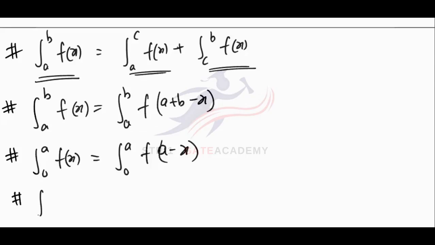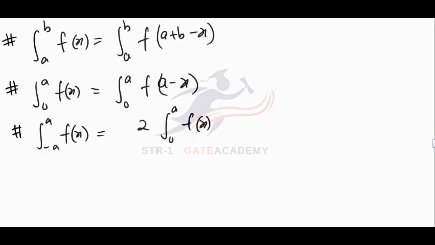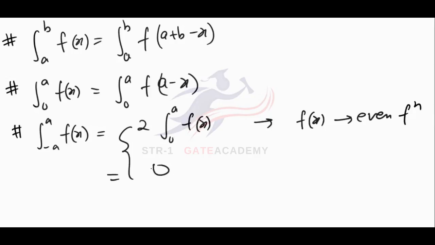Then if I have minus a to a of f(x), this becomes 2 times 0 to a of f(x) when f(x) is an even function, and this becomes 0 when f(x) is an odd function, right?